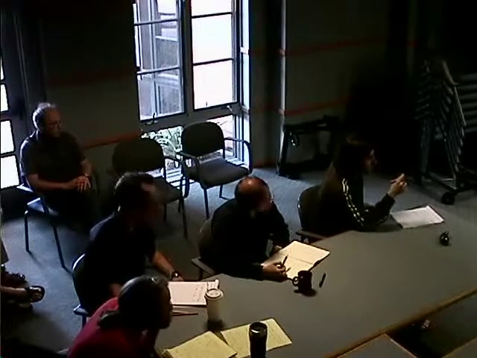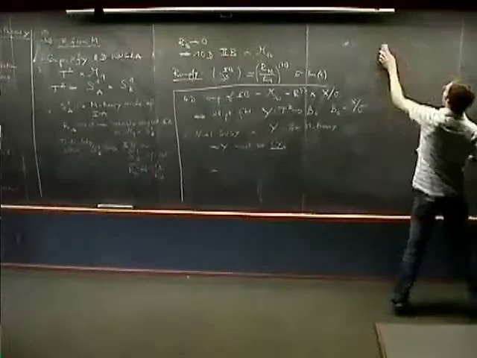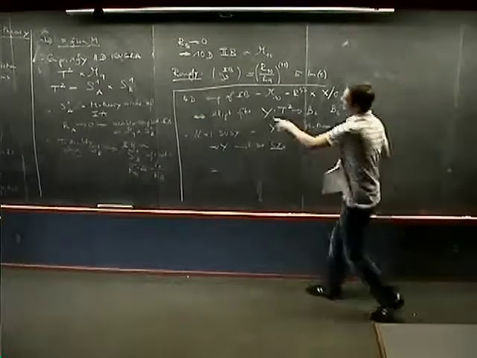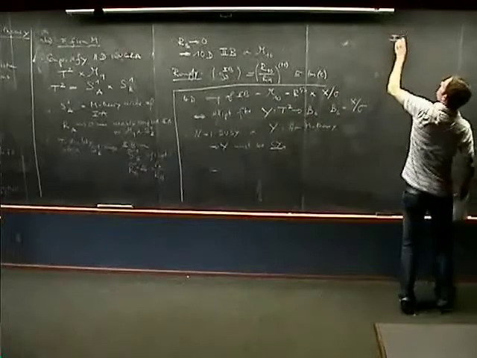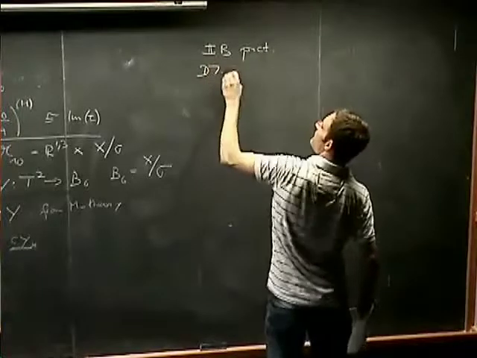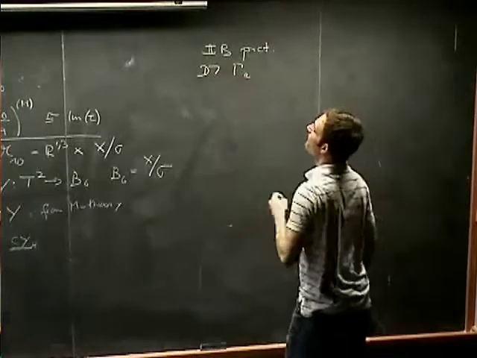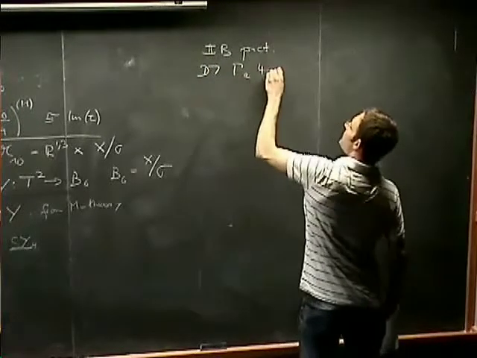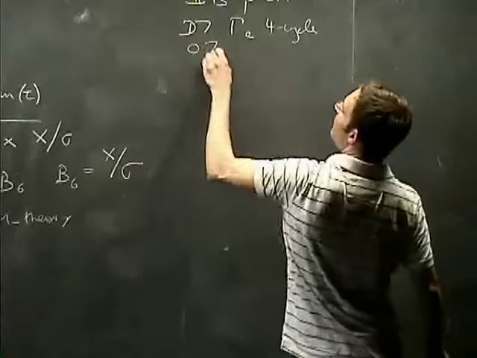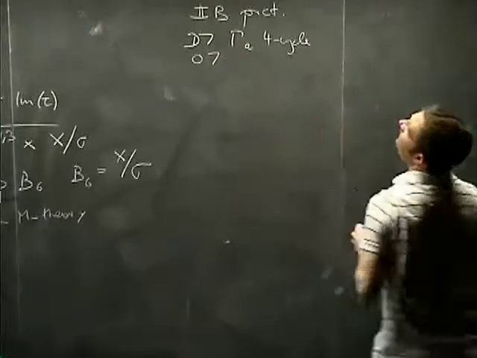So far we have been only in 10 dimensions. If we now really compactify, then in the 2B picture, our D7 branes wrap a cycle gamma A, a 4 cycle. Similarly, the O plane, the O7 brane, also wraps another cycle.